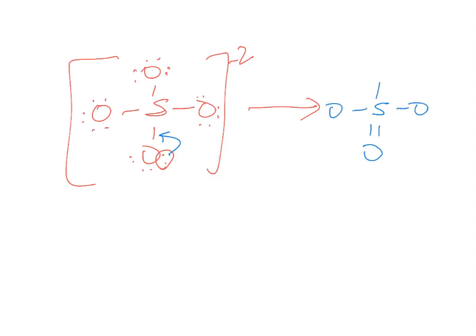And then I'm going to count formal charges again. Well, we already know what the formal charge on these single bonded oxygens is, right? They're still -1. Let's see what we've done to the formal charge of this oxygen with a double bond to sulfur. Well, this particular oxygen, of course, as an atom on its own has 6. Now let's count how many it has now. 2, 4, and it gets 1 from each of these bonds, 6.